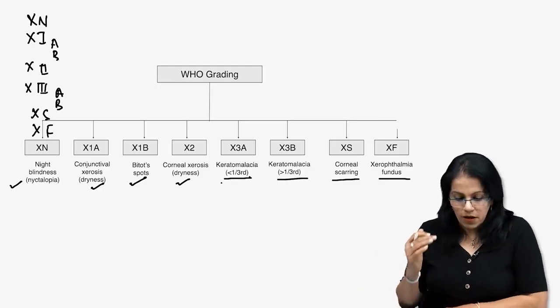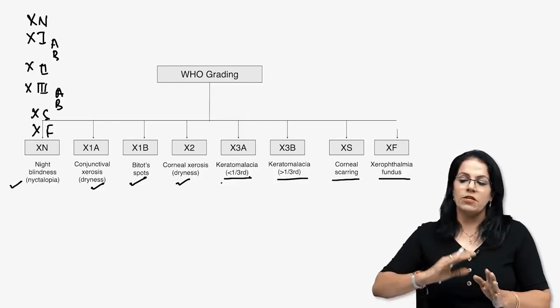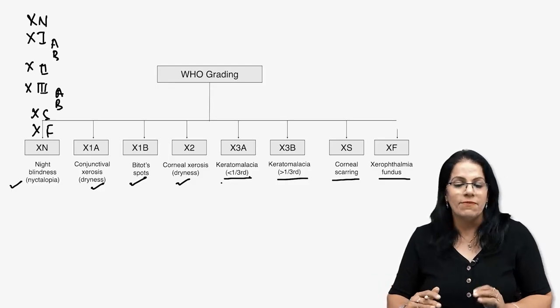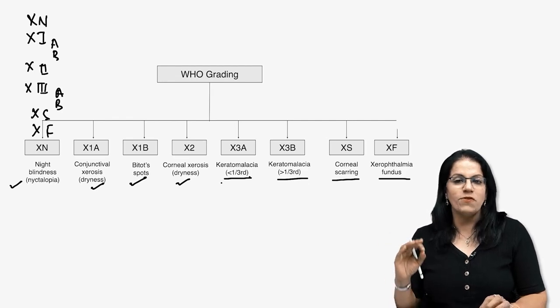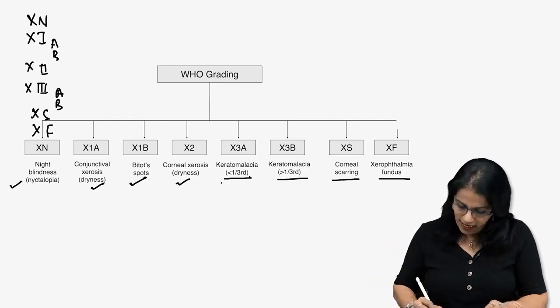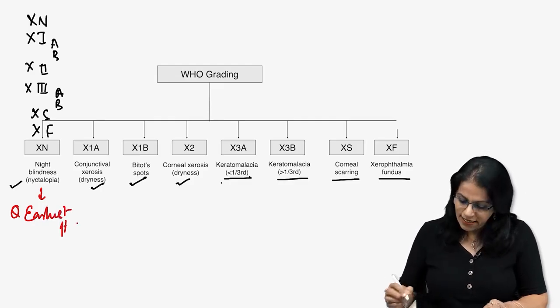Anyway, so you know these are the features, this is how the patient in sequence is going to present. Now, first question is, which is the earliest feature of xerophthalmia? I think it's obvious, earliest feature is nyctalopia. Done? Okay. Next is about Bitot spot.